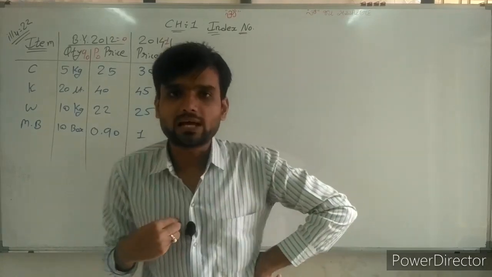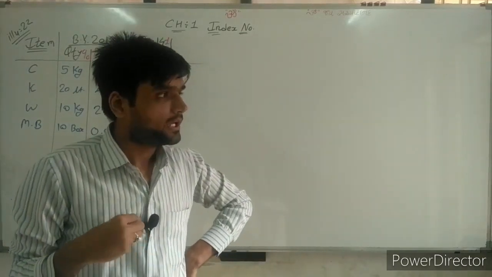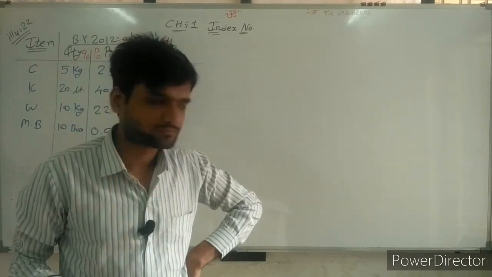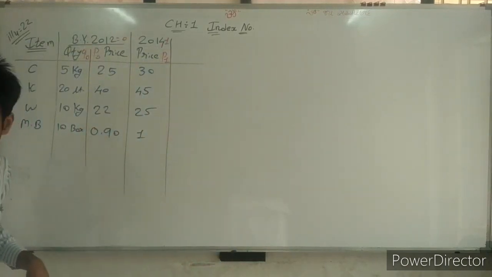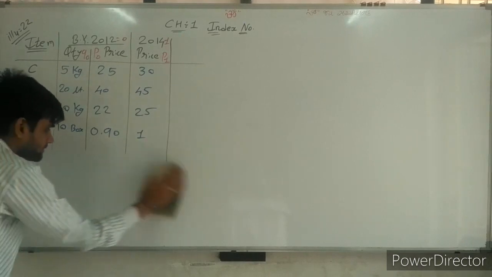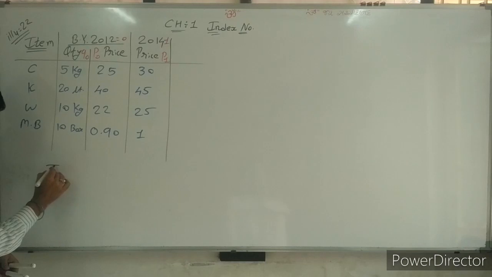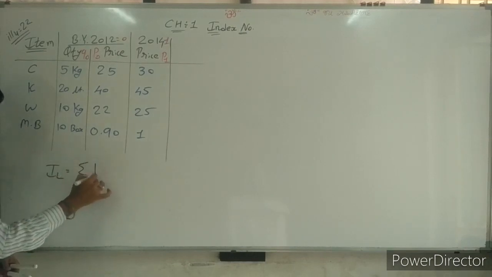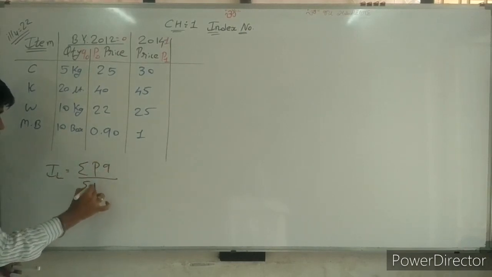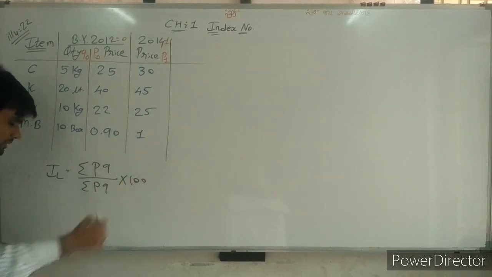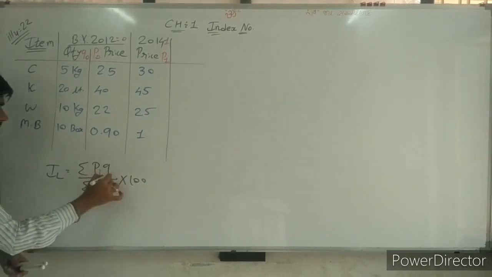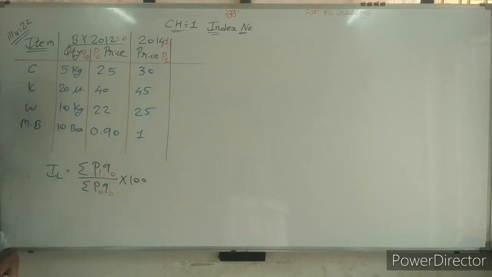If I want to find the index number of Laspeyres, then which is the formula? Writing here. Formula of Laspeyres: sigma P1Q0 upon sigma P0Q0 into 100. Now think, P1Q0. Can I find P1Q0?